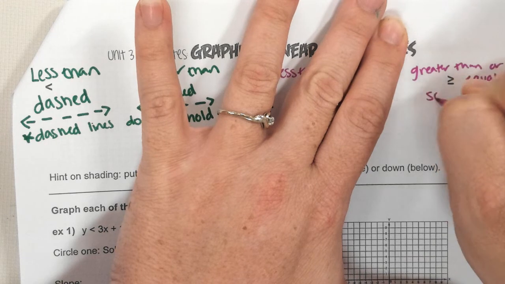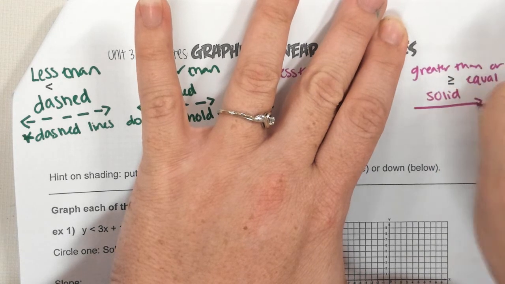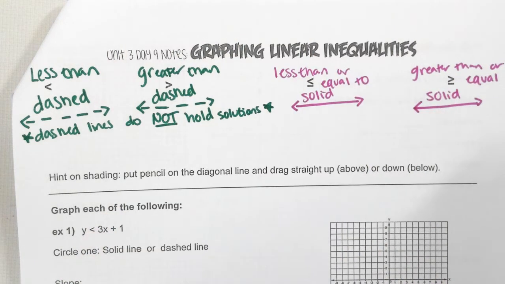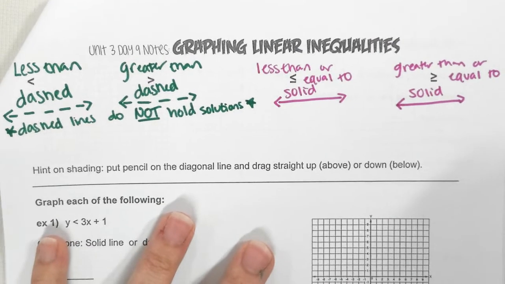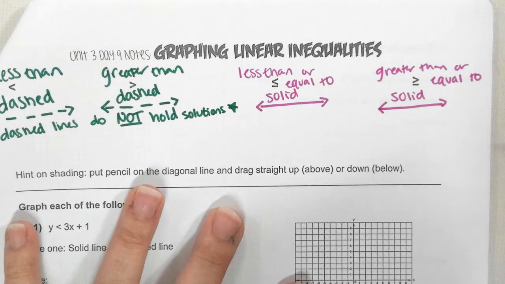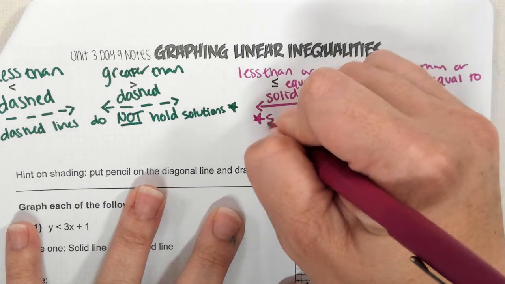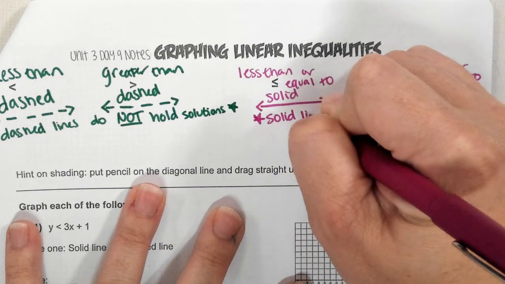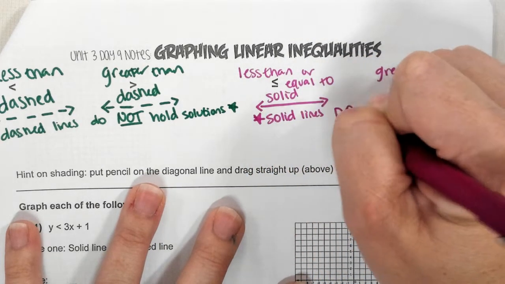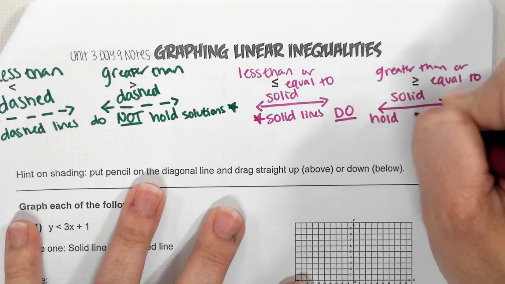And it's also going to be a solid line because it's equal to. Now, solid lines do hold solutions.